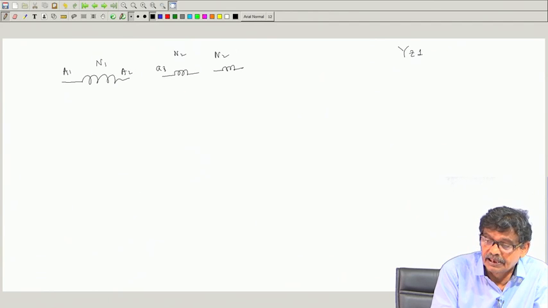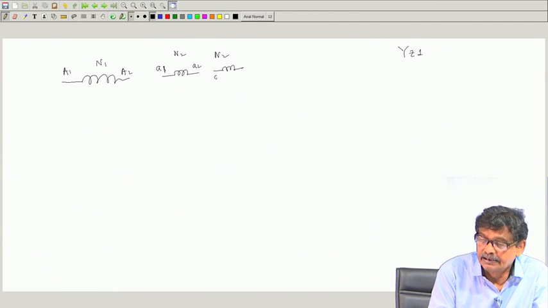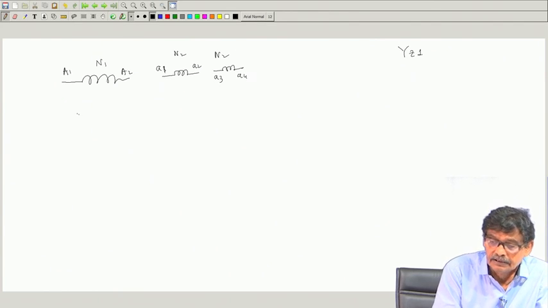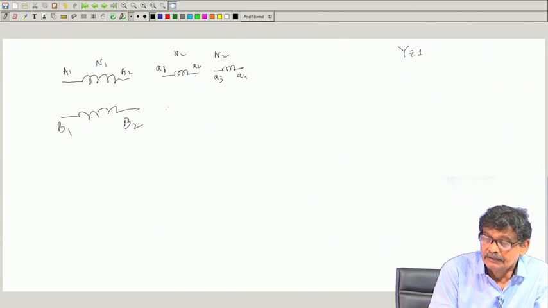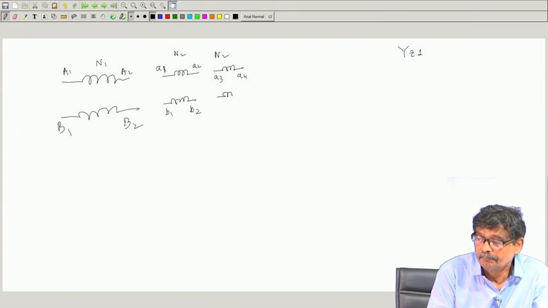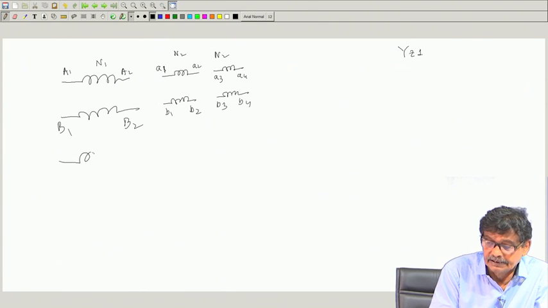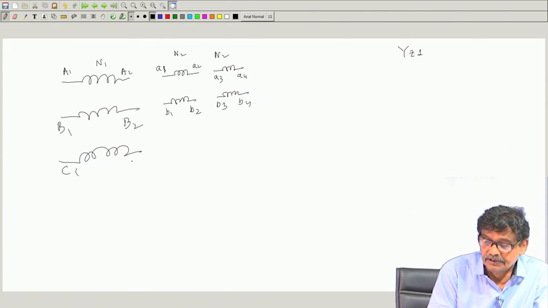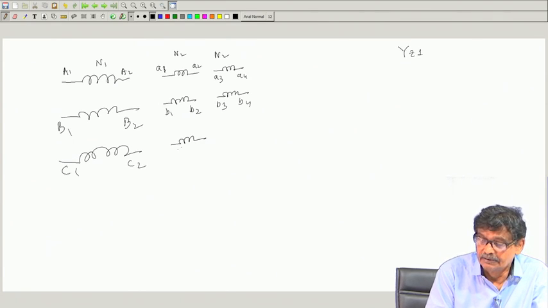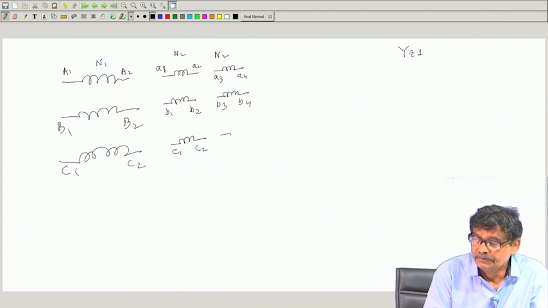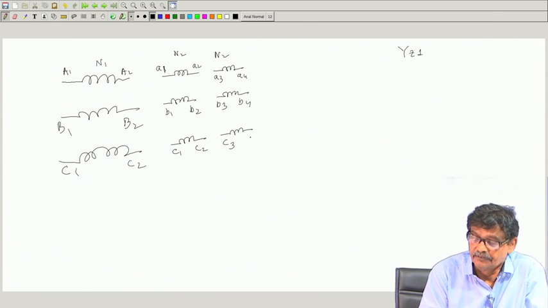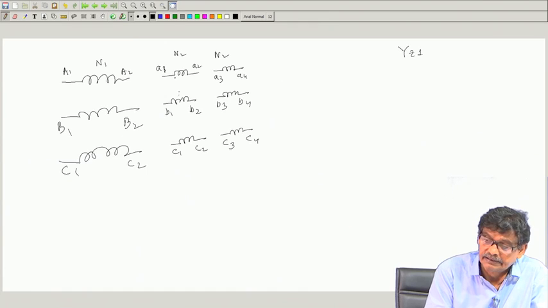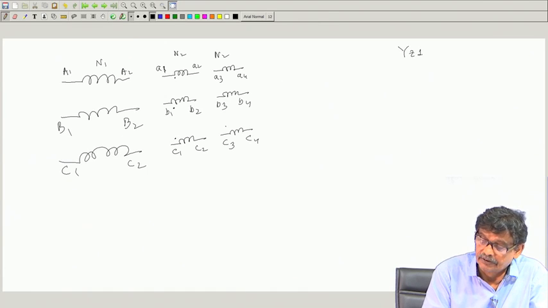Let me do first A1 A2 and A3 A4, then small B1 B2, this is B3 B4, and finally you have C phase C1 C2 and small C1 C2, C3 C4, and all these odd numbers are dots.